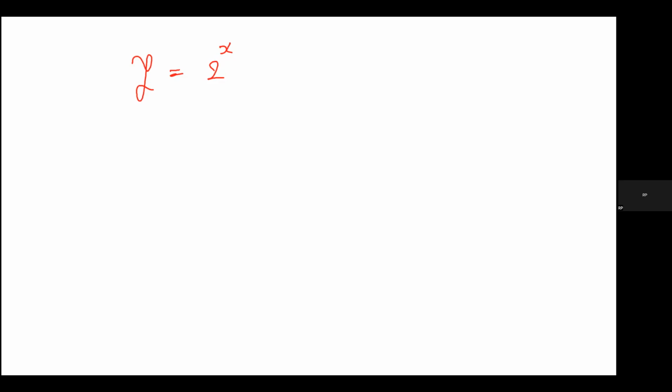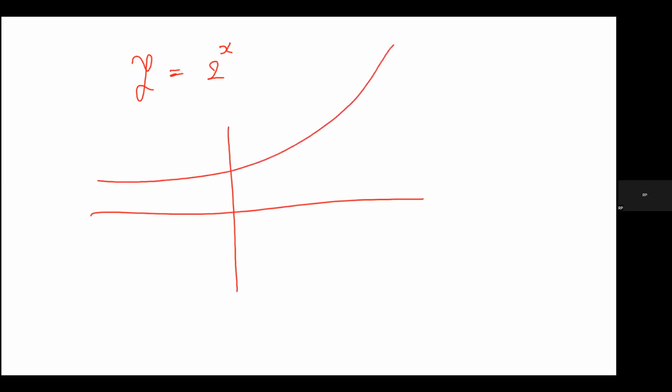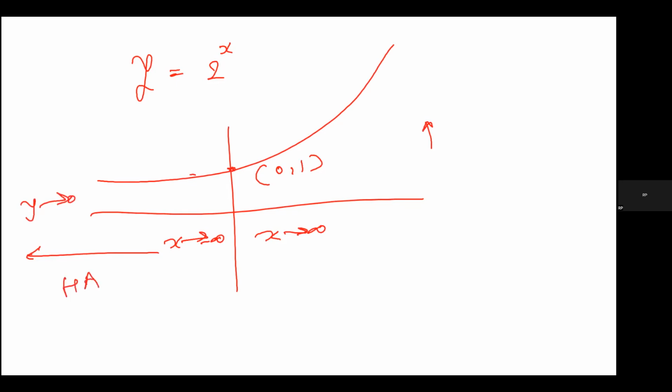This is y equals 2 to the power x, an increasing function, and this is your y-intercept, which is (0, 1). Now, when x goes to infinity, y goes to infinity. When x goes to negative infinity, on this side, y approaches 0. So this is your horizontal asymptote, which is y equal to 0. That's your HA.